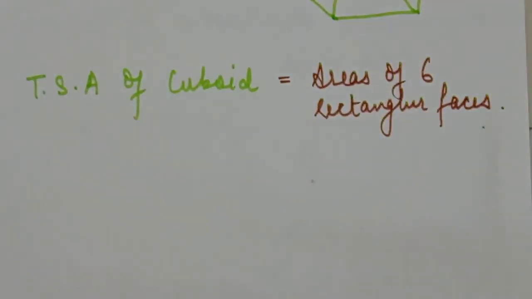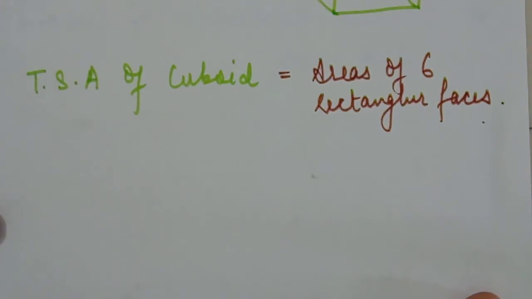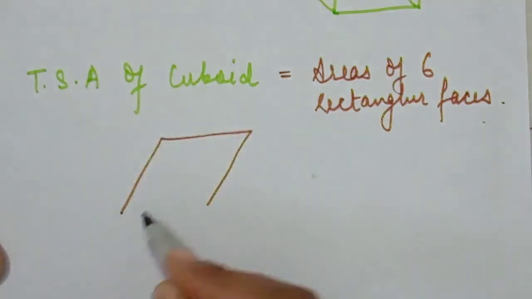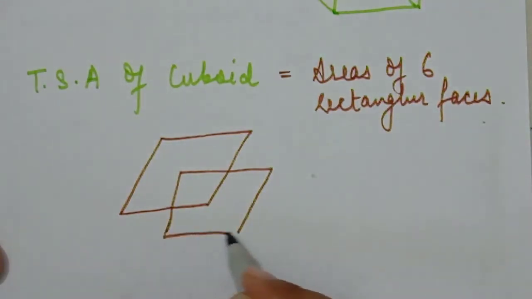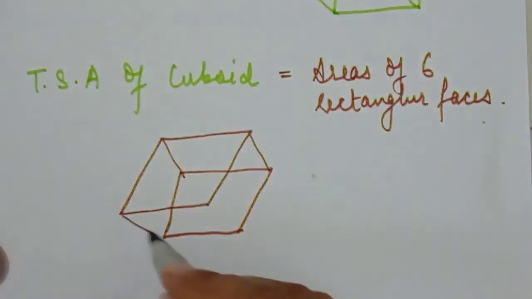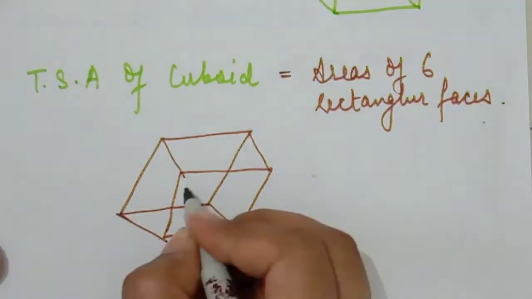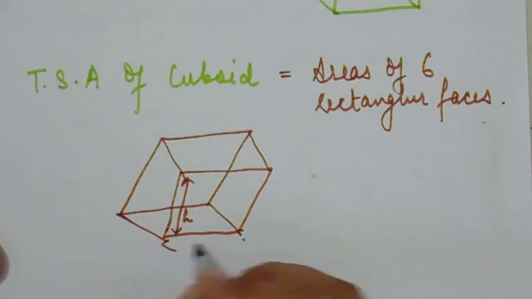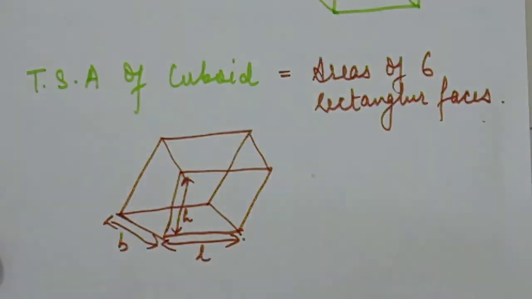So students, please take the example of the room in which you are present right now, when we are taking a cuboid like this. This is our height, this is our length, and this is our breadth.